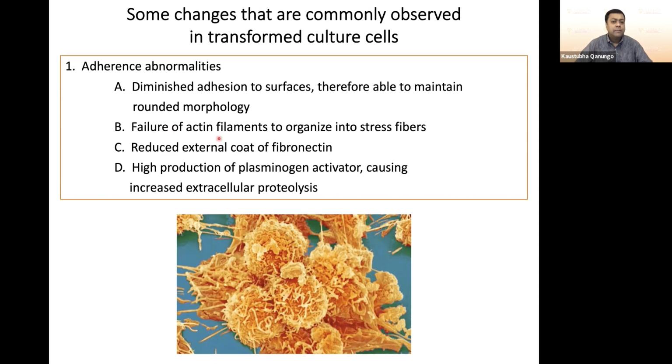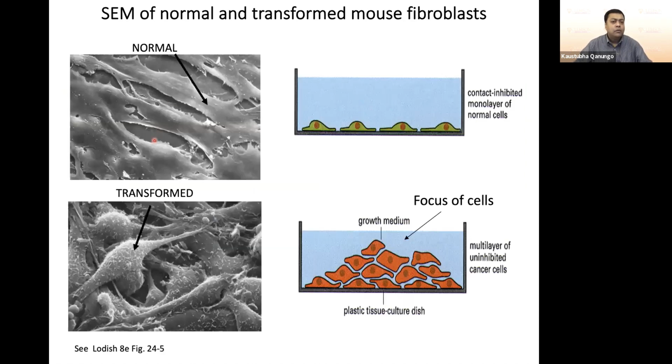And here is an important thing to understand: the failure of the actin filaments to organize into stress fibers. If you go back to this fibroblast, near the substratum, which is basically the bottom of the flask or tissue culture vessel, you have these stress fibers.